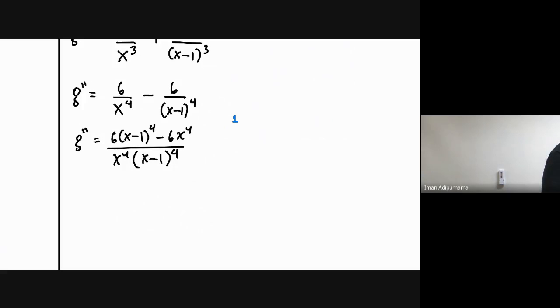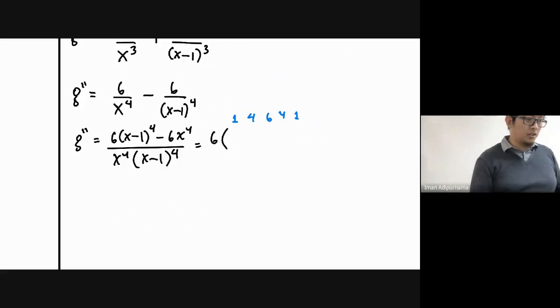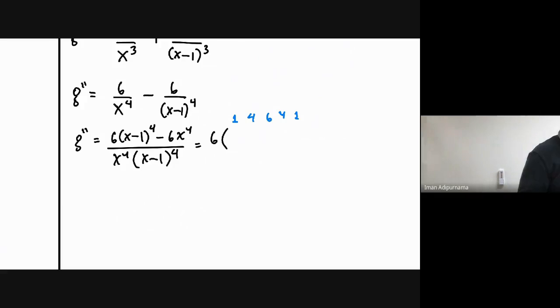Remember, you have 1, 4, 6, 4, 1 as your coefficients. You can write this as 6. I will go directly to the results. So x to the 4, I will cancel both of them.